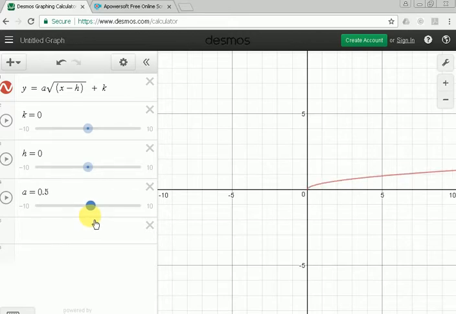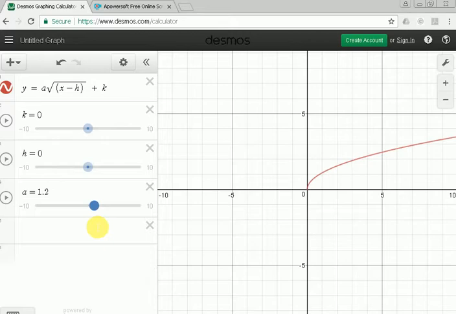My x-axis. So if a is in between 0 and 1, it's getting closer and closer to my x-axis. It's compressing or shrinking. So when a is in between 0 and 1, it shrinks towards my x-axis.